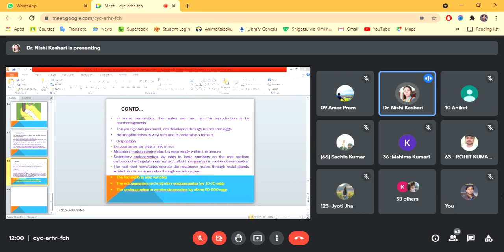The sedentary endoparasites or semi-endoparasites lay about 50 to 500 eggs. So the egg laying capacity of sedentary endoparasites and semi-endoparasites is higher than that of ectoparasites and migratory endoparasites. Okay, so now I'm stopping here.